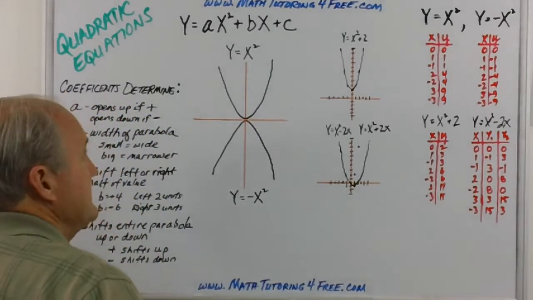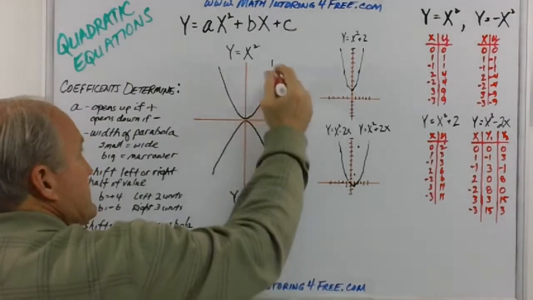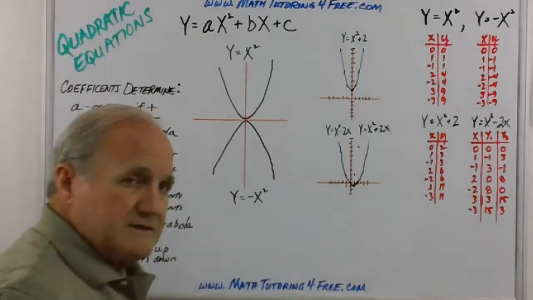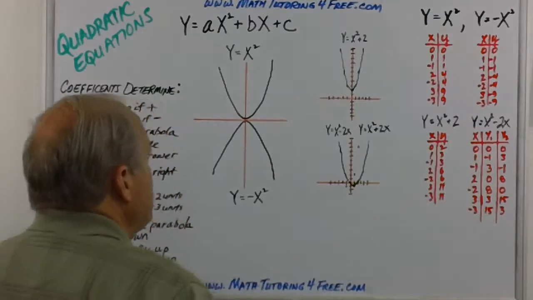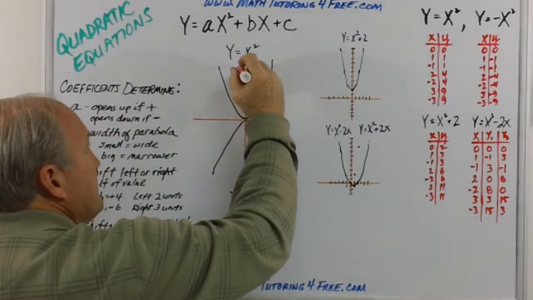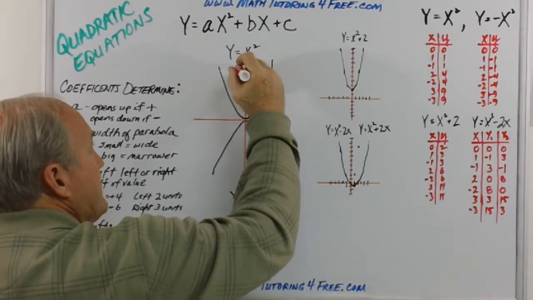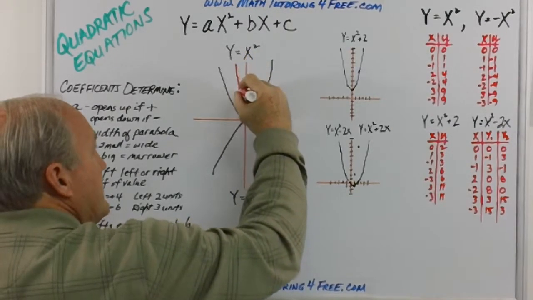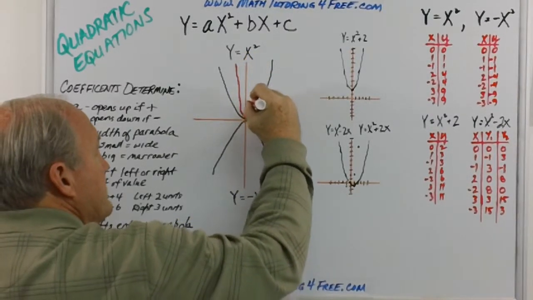Also, the absolute value of A determines the actual width or narrowness of the parabola. For instance, this is kind of the standard shape when A is equal to 1. But if we made A a 3 or 4, the bigger that absolute value is, the narrower the parabola would be.